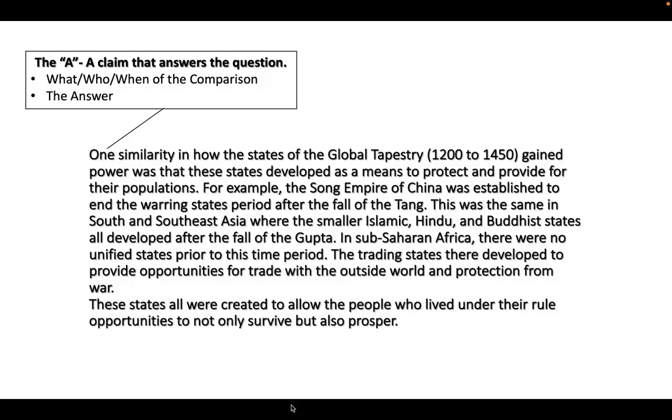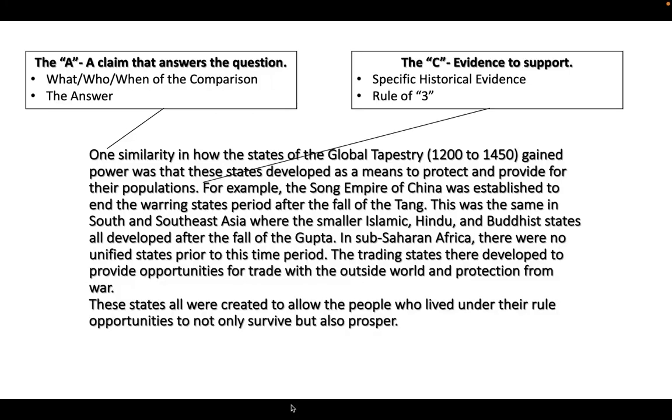So we want a basic one sentence simple answer, just like we're identifying it. One similarity in how the states of the global tapestry, 1200 to 1450, gained power was that these states developed as a means to protect and provide for their populations. So it has an answer to provide and protect. We're addressing similarities, and we're looking at states of the global tapestry.